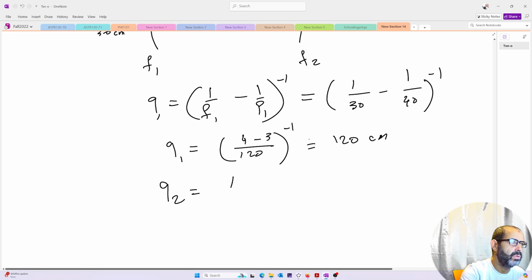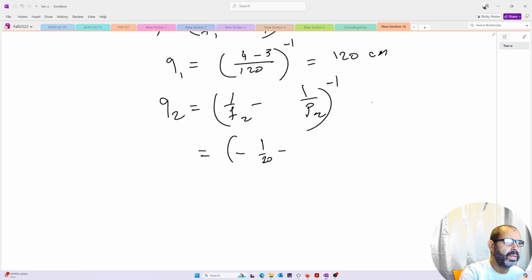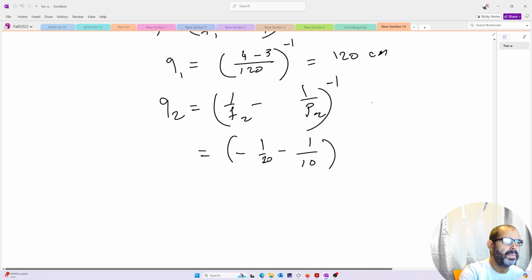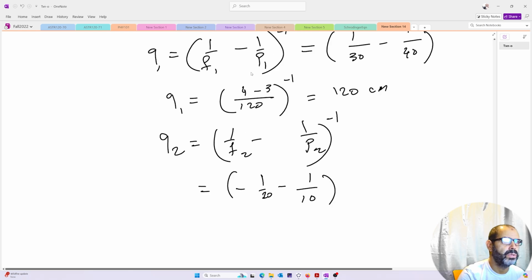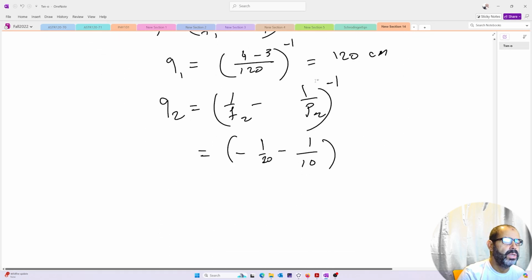Okay, so let's find where Q2 is. Q2 is equal to 1 over F2 minus 1 over P2, and the whole thing is inverted. F2 happened to be negative, so negative 1 over 20 minus 1 over P2, which is 10. Remember, P2 is equal to 10 centimeters because 120 minus 110 is 10 centimeters. The common denominator is 20, and I will have negative 1 minus 2, that's negative 3, inverted.